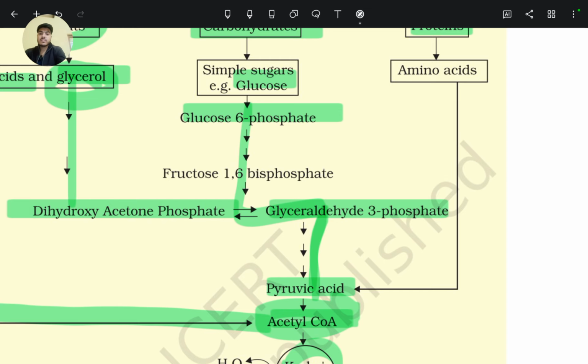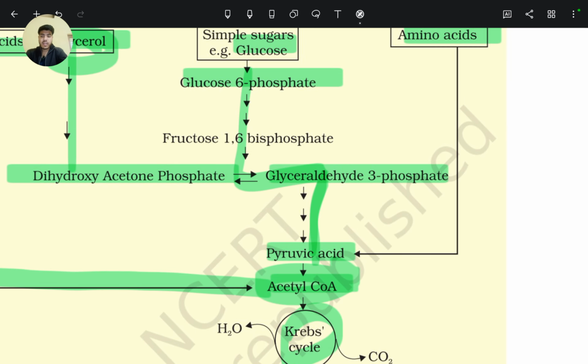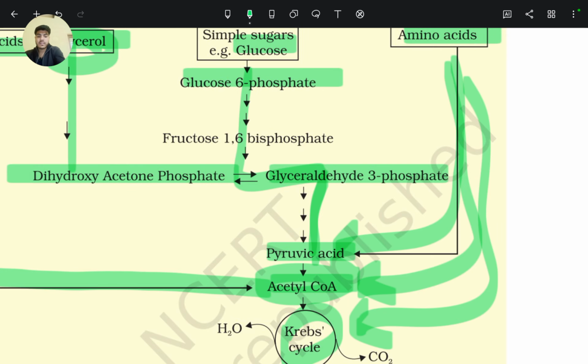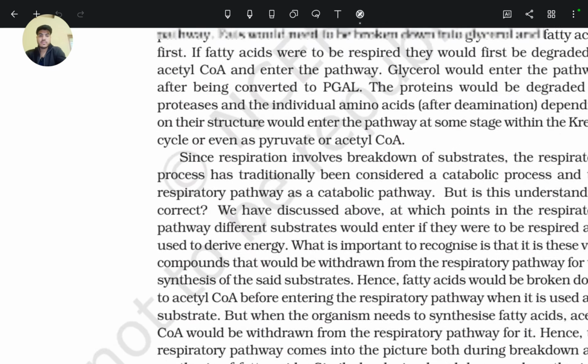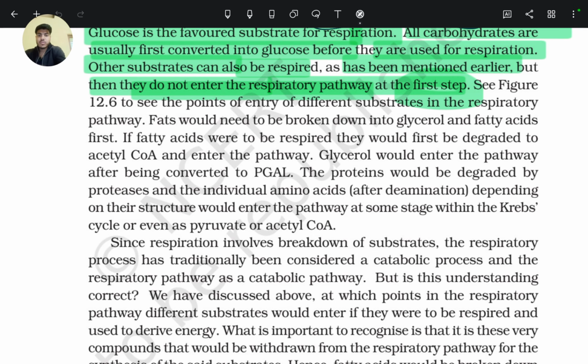If proteins, or we can say amino acids, are considered as respiratory substrate, then according to their structure and chemical nature, they enter as pyruvic acid, acetyl coenzyme A, or directly into the Krebs cycle. So, entry of different substrates in the respiratory pathway.